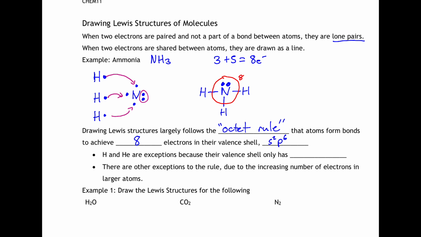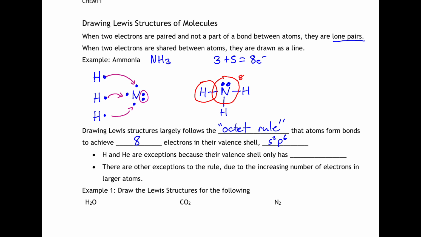Now, hydrogen is a notable exception. If I look at all the electrons around the hydrogen, how many does it see? It only sees 2. Is 2 8? 2 isn't 8. But if you look at where hydrogen is on the table, 2 is full for hydrogen. Hydrogen is in the first row with only 2 elements, so 2 is full.